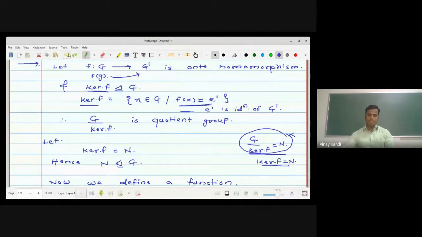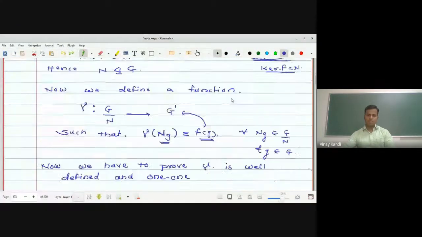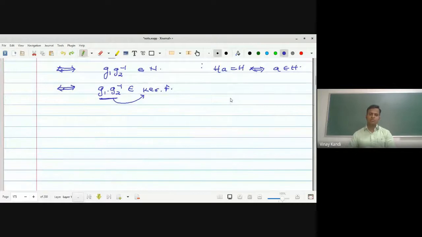If g1 g2 inverse belongs to the kernel of f, this implies and is implied by f applied on g1 g2 inverse being equal to e dash. But what is given to us? f is an onto homomorphism.